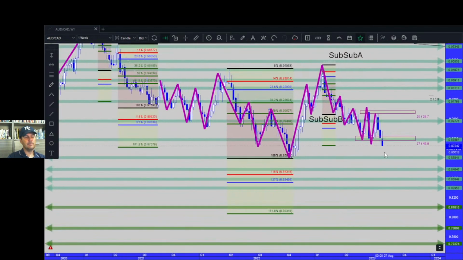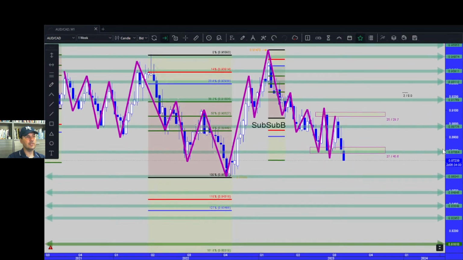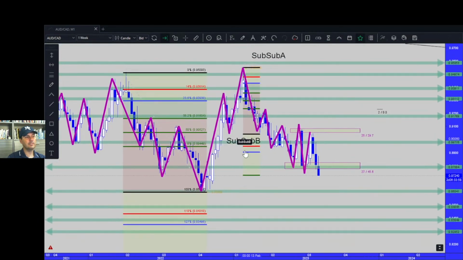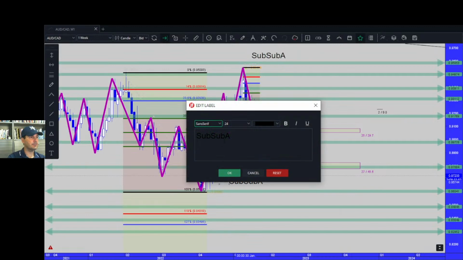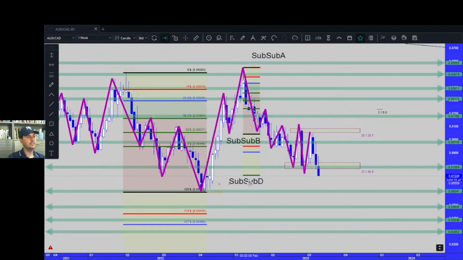So for the advanced traders, now that the market hit the sub D extension down here, everybody, once this market forms a low on the weekly, what is going to happen 7 times out of 10?